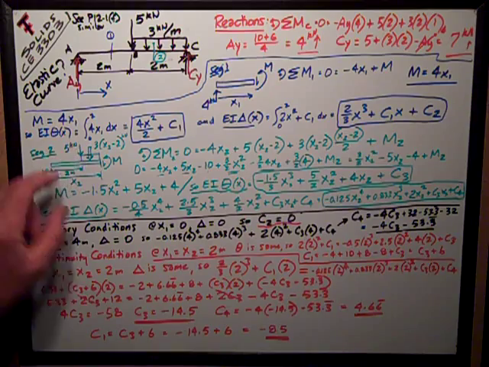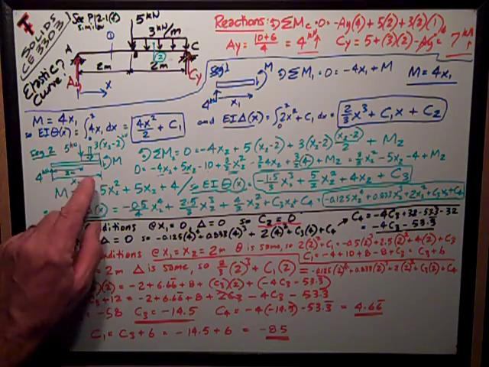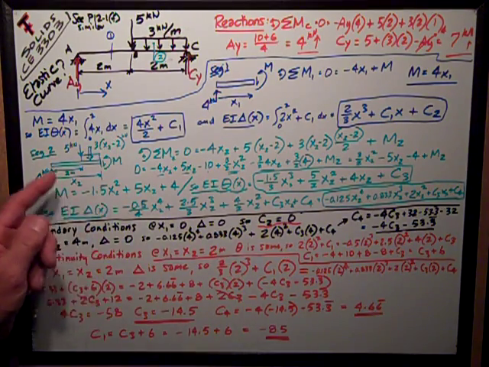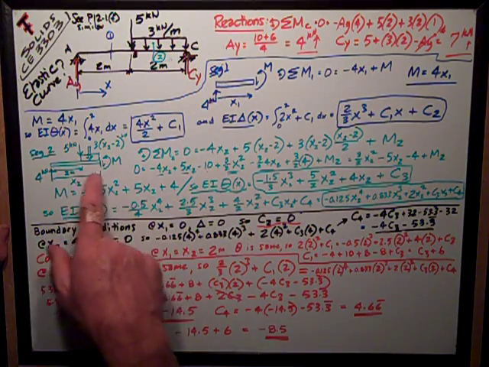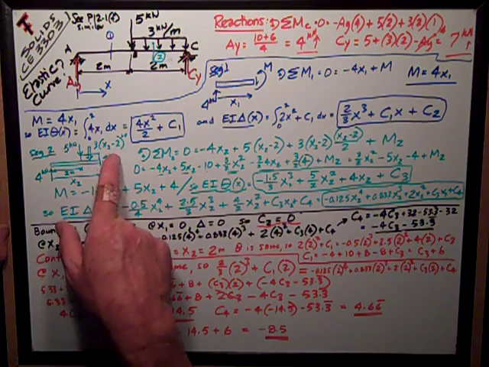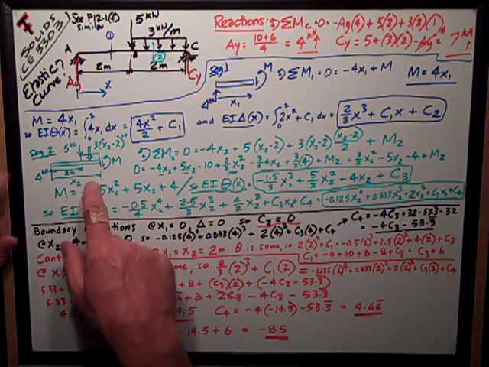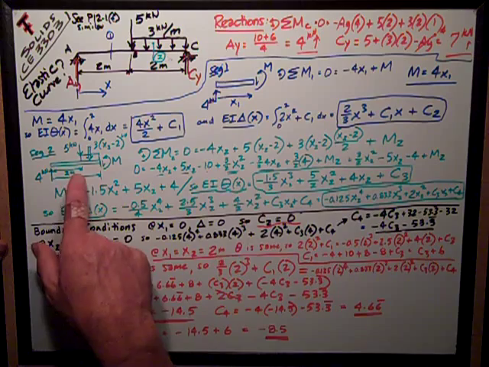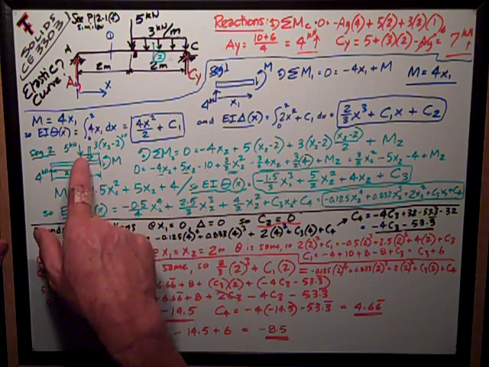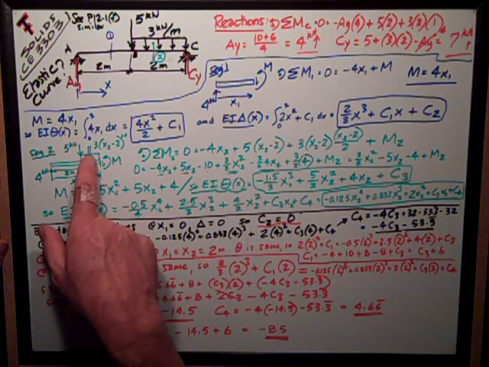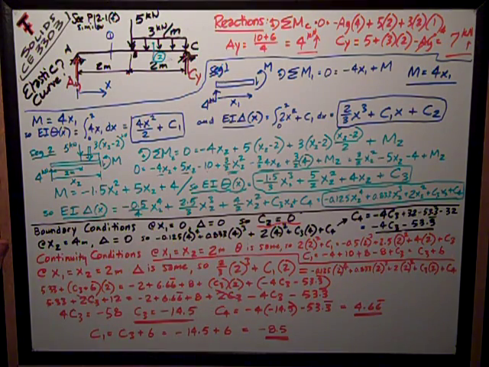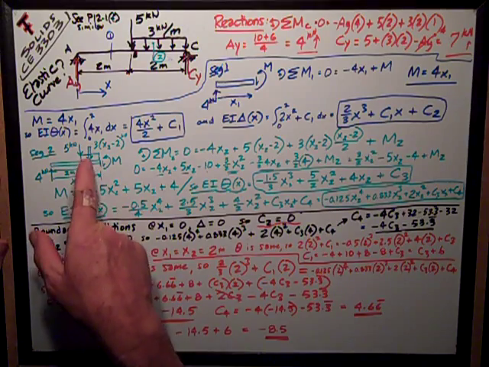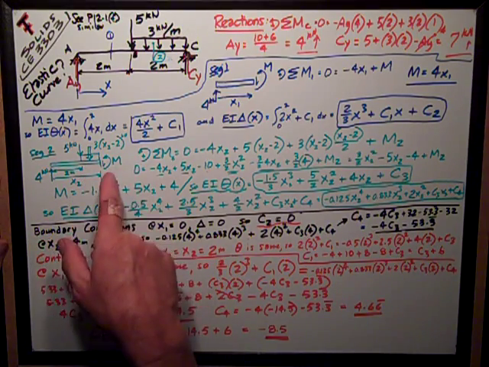At any point x out here between B and C, the distance that the uniformly distributed load is acting on is x2 minus 2 meters. So the uniformly distributed load resultant is 3 times the quantity x2 minus 2 kilonewtons. We'll talk about the distance it acts at in a second.